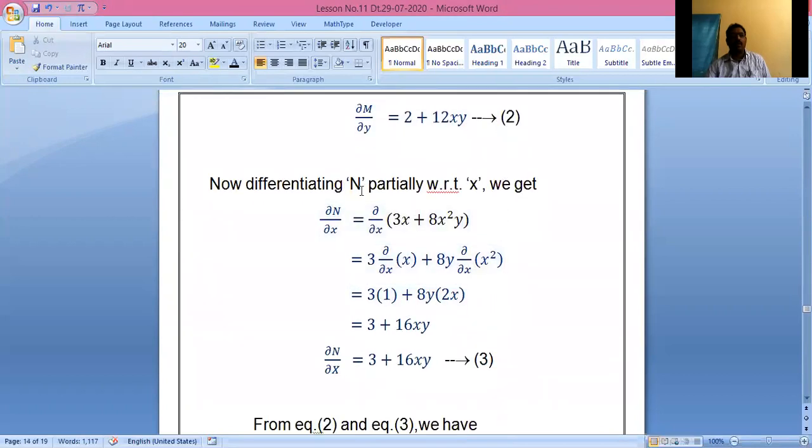Now, differentiating N partially with respect to x, we get ∂N/∂x = ∂/∂x of (3x + 8x²y).